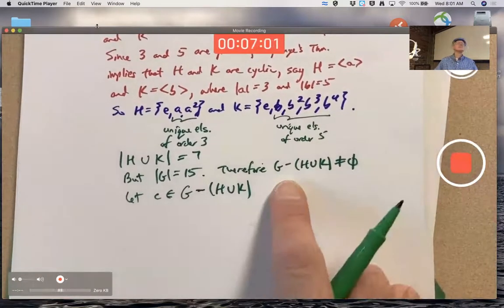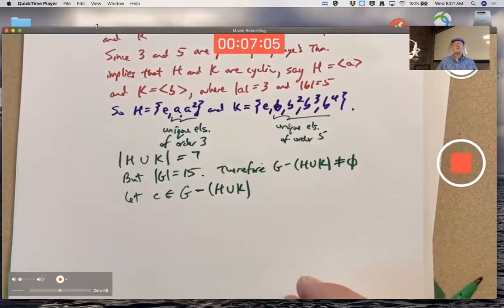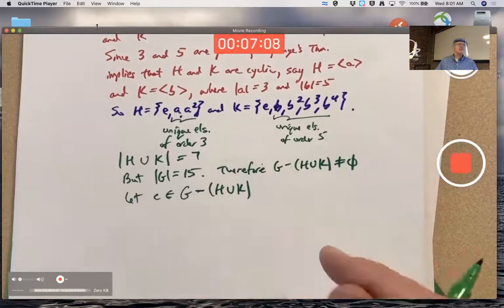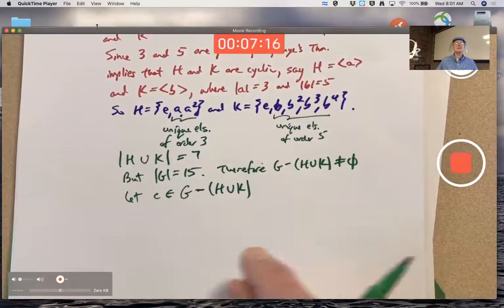What's a set minus? Everything in G that's not in H union K. There's 8 elements in it, so it's non-empty. Take one of those elements. We might hope it's a generator of G. What guarantees that it is? What would guarantee that C is a generator of G?